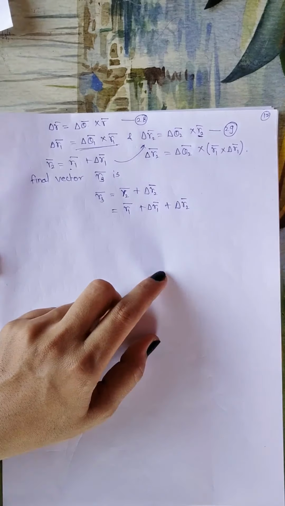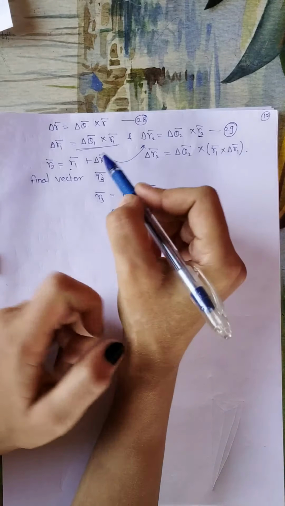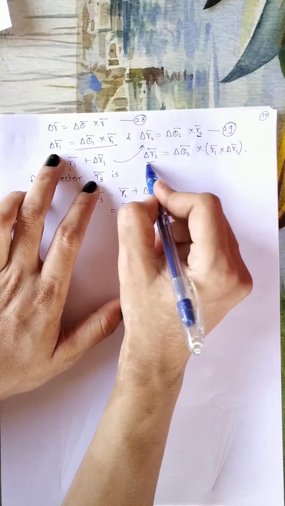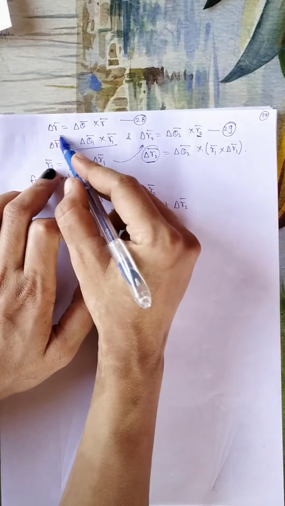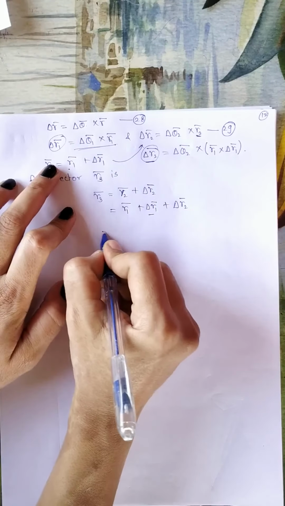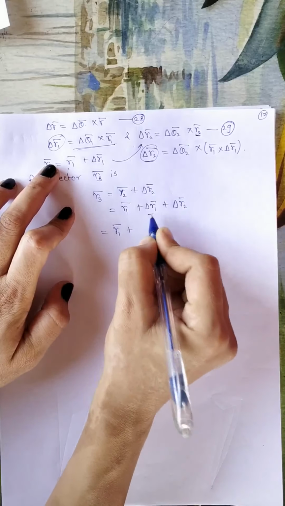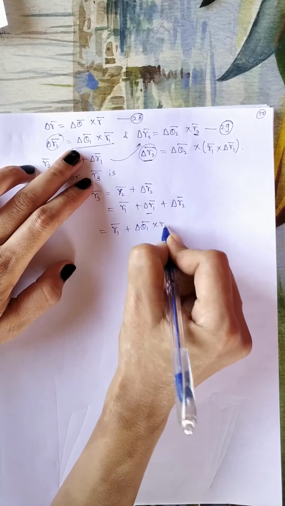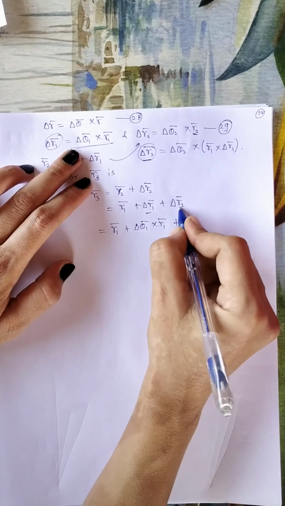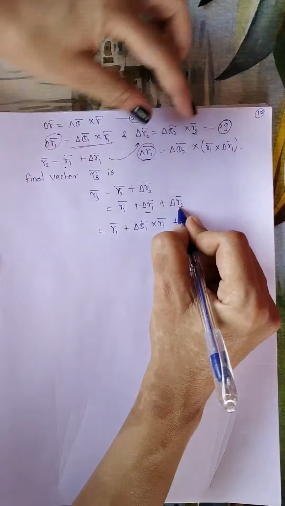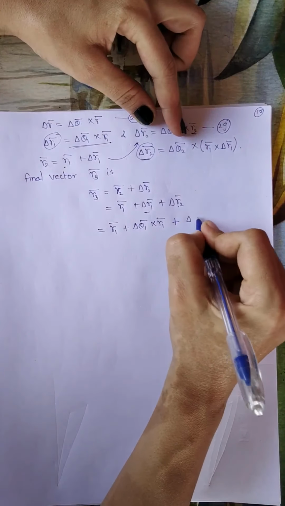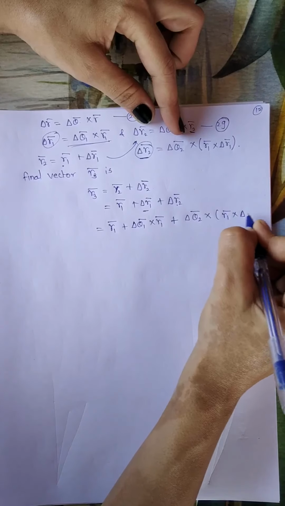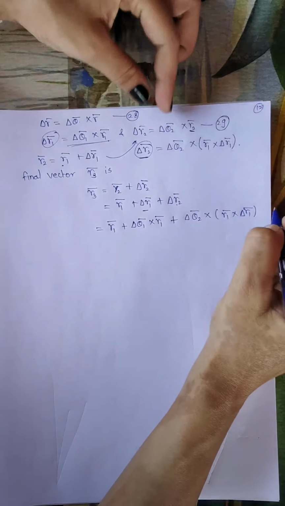Now here we will substitute the values of this delta r1 and delta r2. So we will put both values in this equation. What we will get: r1 bar as it is. Let's put delta r1 as delta theta 1 bar crossed with r1 bar plus, now what is our delta r2? Delta r2 is delta theta 2 bar crossed with r1 bar plus delta r1 bar.